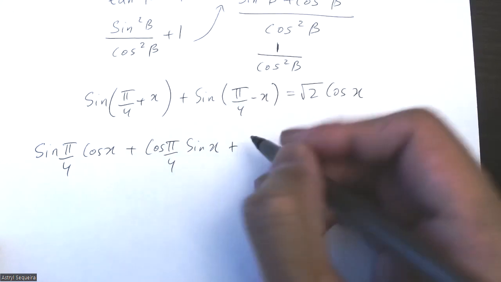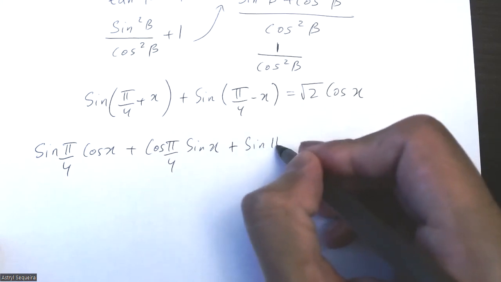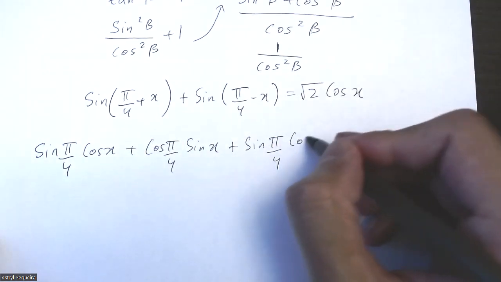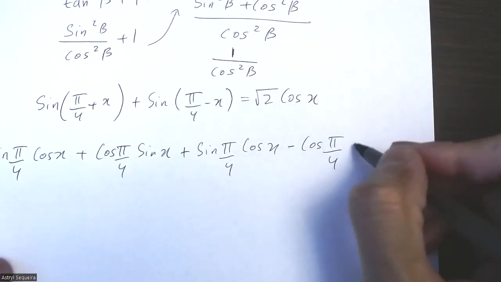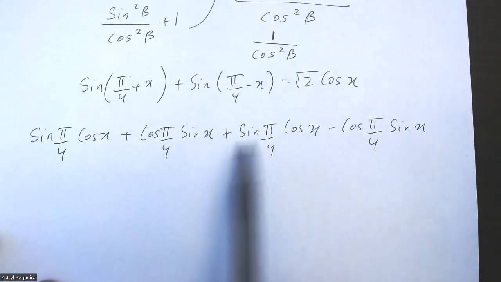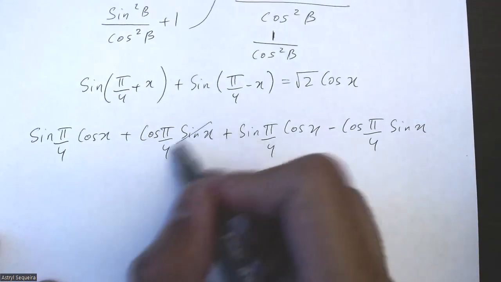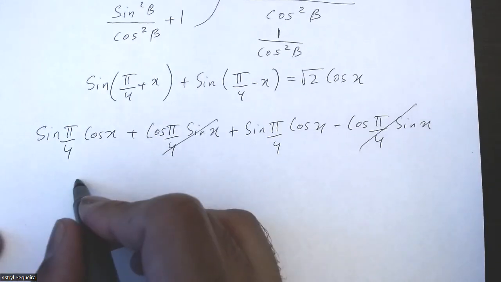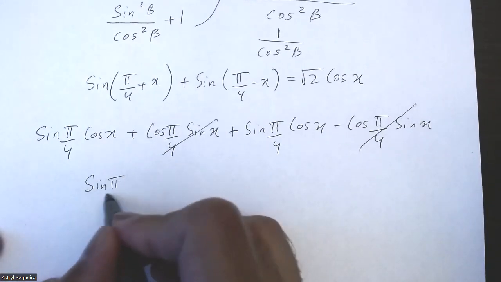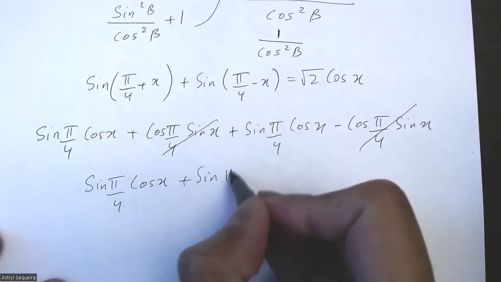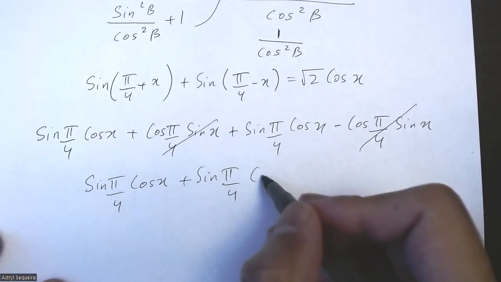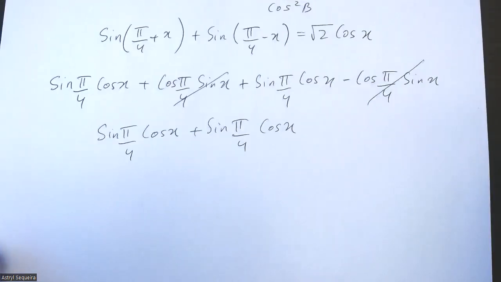And then this is going to turn into sine pi over 4 cos x minus cos pi over 4 sine x. These two terms are identical but with opposite signs, so I can just cancel them off. And I'm just left with sine pi over 4 cos x plus sine pi over 4 cos x.